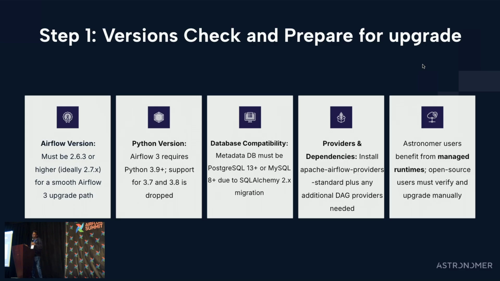So being on 2.11 is also a very good scenario to handle the config updates. Python 3.8 is no longer supported in Airflow 3, so you need to make sure that you're on Python 3.9 or higher. Similarly, PostgreSQL 12 is not supported in Airflow 3, so 13 or higher is recommended.